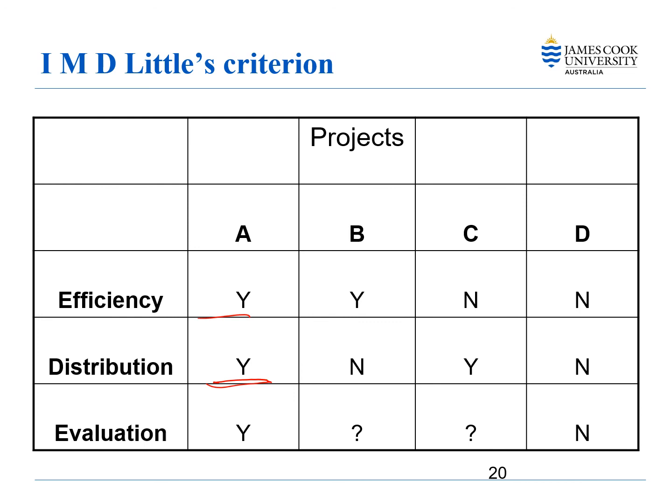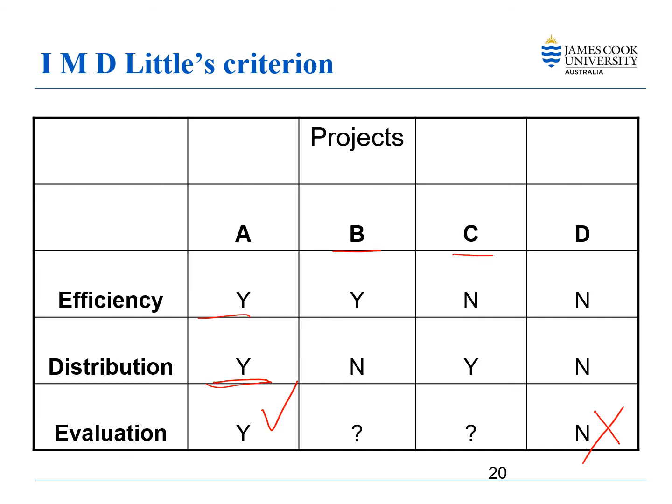So both efficiency and equity. So it's easy to make a decision on project A. So it's a yes. Similarly, for D, it's not efficient, and it also worsens income distribution. So we are going to say this is no.